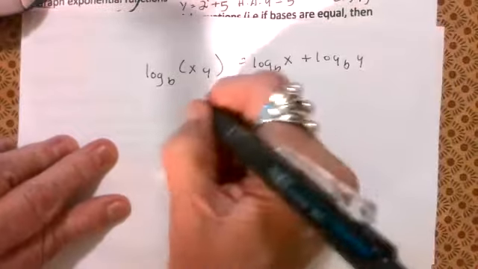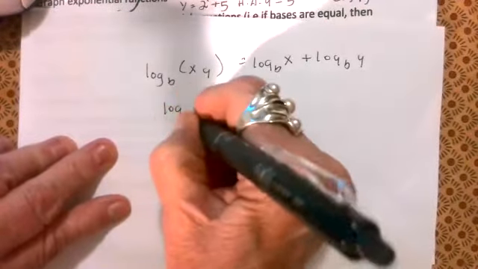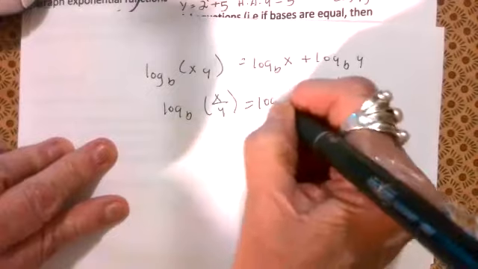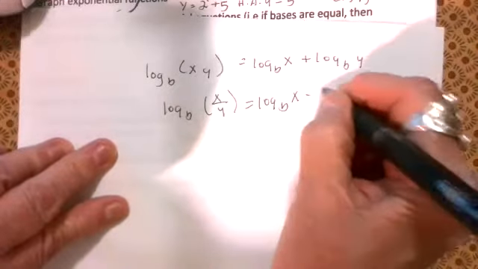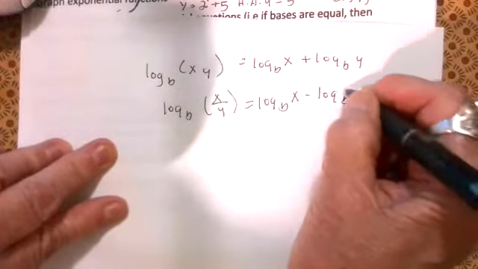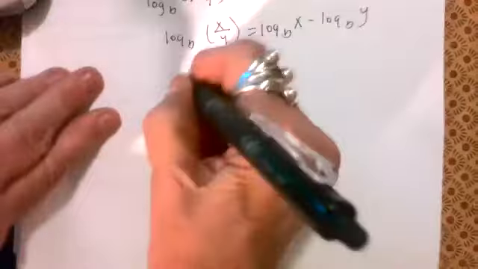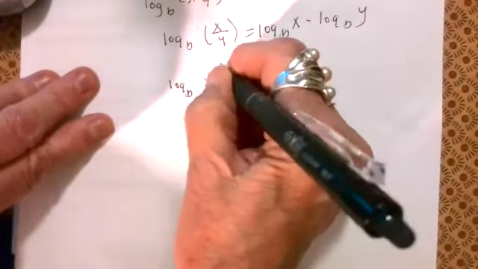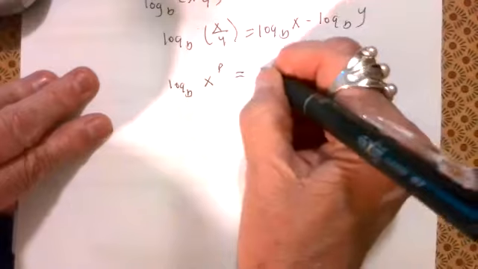Log base b of x over y equals log base b of x minus log base b of y. And log base b of x to some power, you can bring the power down.